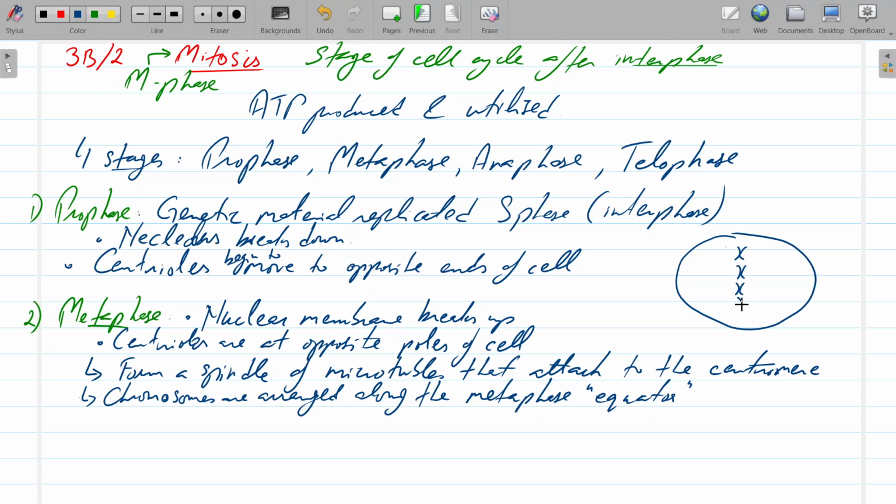So these are chromosomes with their chromatids, and you've got their centromeres over here. The green isn't really visible over the blue. And you've got your centrioles. And they form spindles.